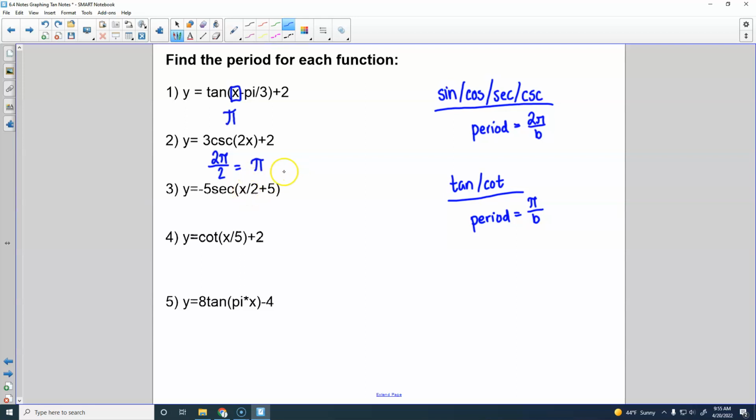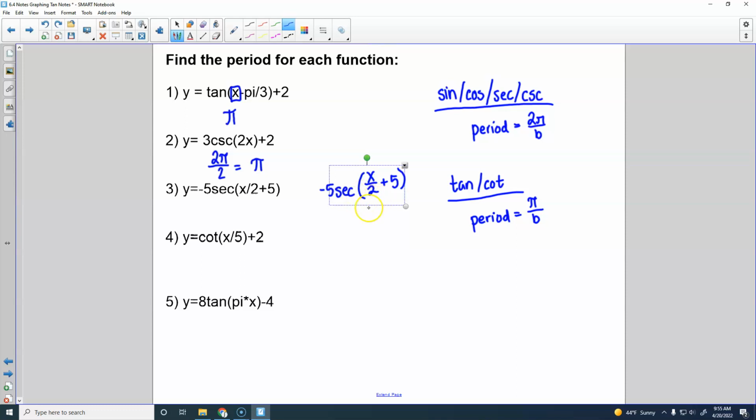Now this can be a little tricky whenever we see this, x over 2. So if I have negative 5 secant, let me write it like this, x over 2 plus 5. I need the number in front of the x, but there's no number in front of the x. I'm dividing a number by x.